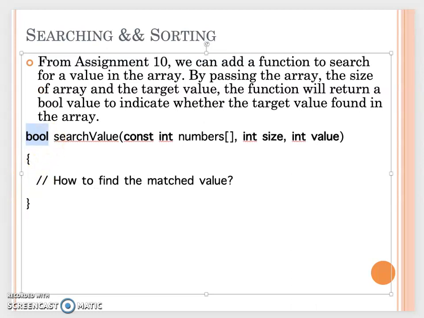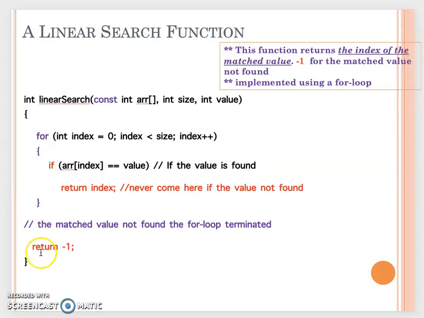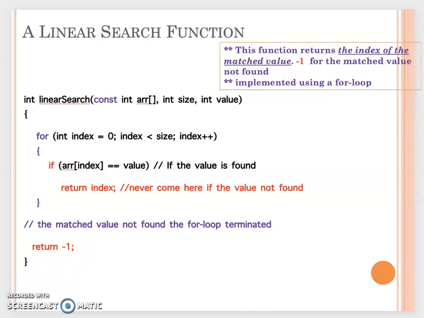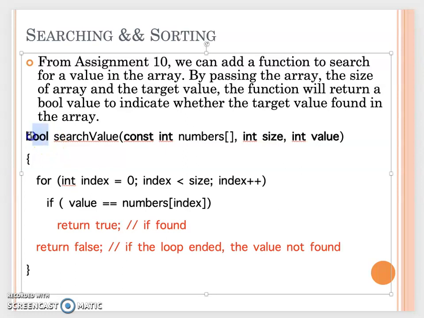I still have the same for loop, but if I find the value, instead of the index, I return true. If I didn't find it, I return false.